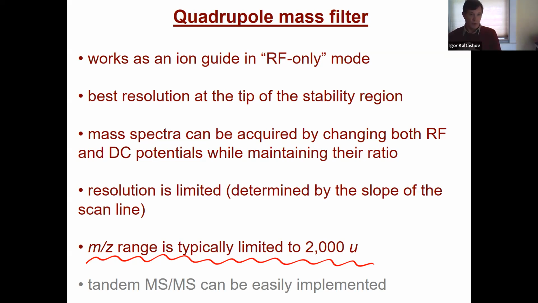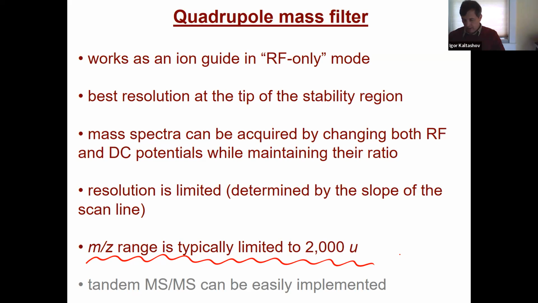With time of flight, your M over Z range is unlimited, right? It really depends on how long you're willing to wait for ions at your detector. In the quadrupole mass filter, you are limited very significantly.